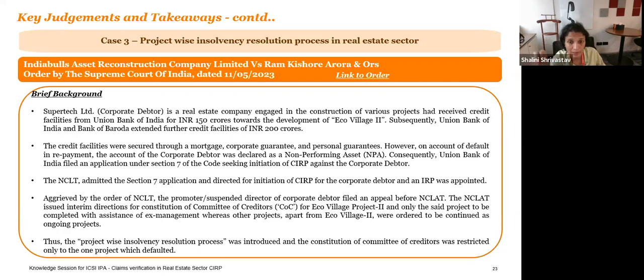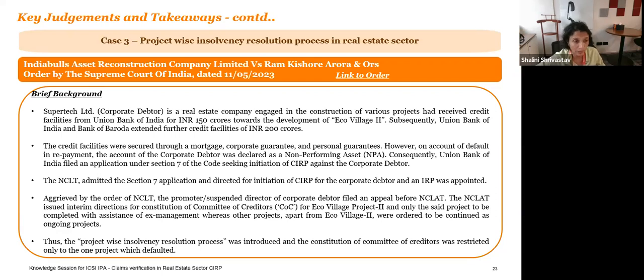Supertech Limited is a real estate company engaged in the construction of various projects and had received credit facilities from Union Bank of India for 500 crores towards the development of the Eco Village project. Subsequently, Union Bank and Bank of Baroda extended further credit facilities of 200 crores. The credit facilities were secured through a mortgage, corporate guarantee, and personal guarantees.